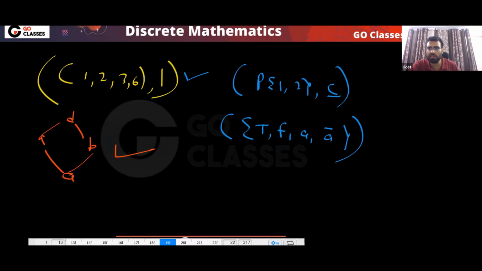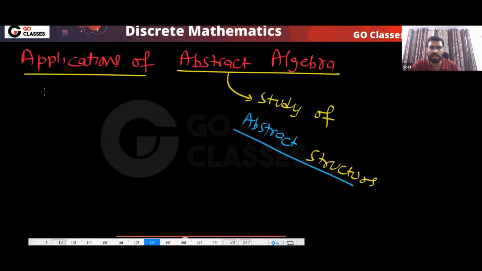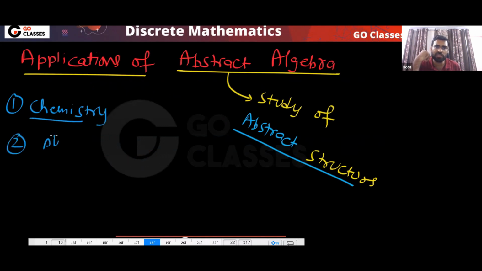Okay, so this is the concept of abstract algebra. And what are the applications of abstract algebra? The applications are in every field. Let me tell you, in every field of mathematics, in chemistry also, this group theory you will study. This abstract algebra you will study in chemistry also. In physics also you will study this. You are not in the physics field, but if you are in physics, then you will also study this group theory.